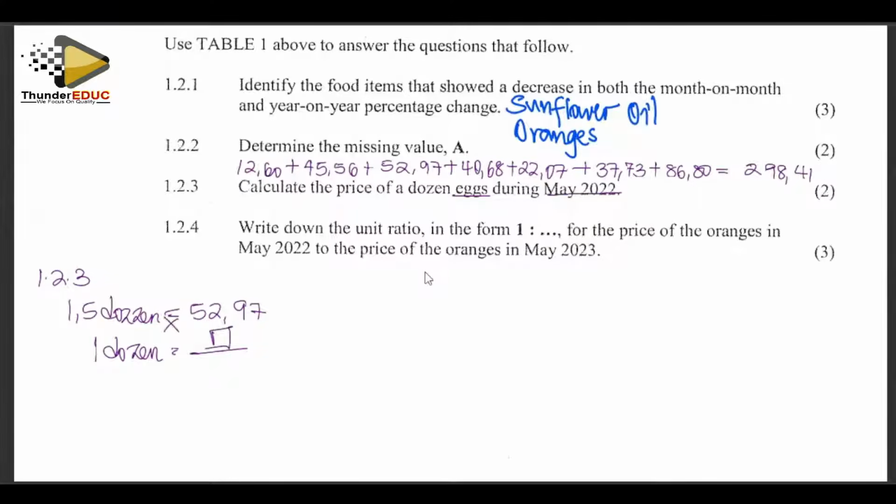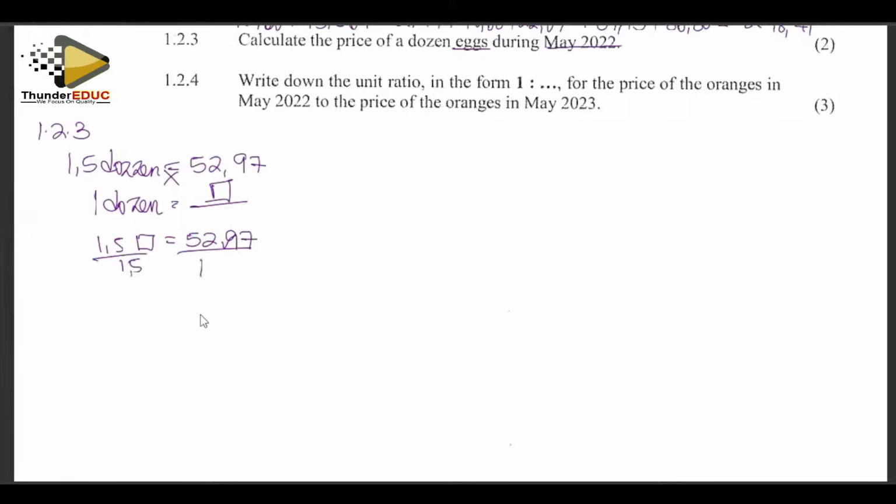We shall cross multiply. This becomes 1.5 equals to. So we divide through by 1.5 and divide through by 1.5. So we are looking for the cost of only one.